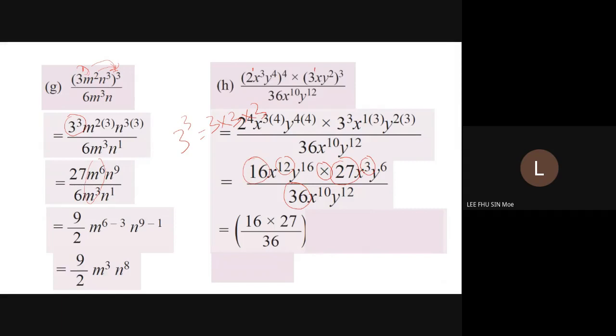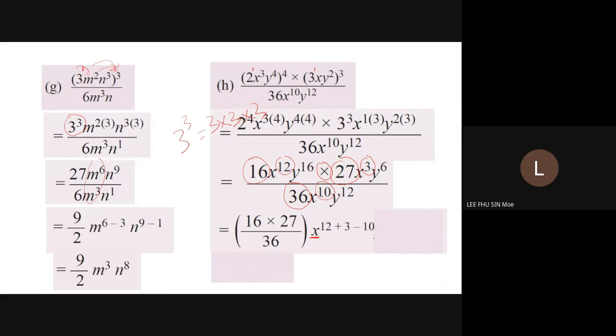And then this one 10, you have to minus 10. This one x, you just copy down. x is unchanged, just copy down. 12 plus 3 minus 10. Minus because it is divide.